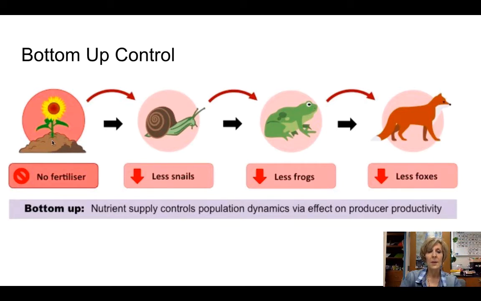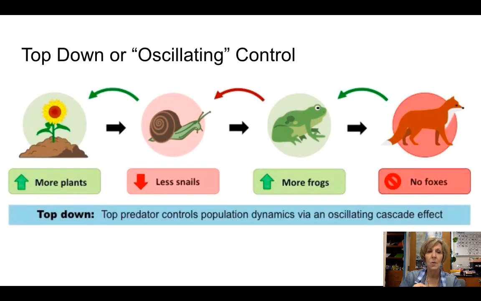For example, if you affected the amount of biomass that's produced during photosynthesis by not giving any fertilizer, that would mean fewer snails, fewer frogs, and then fewer foxes in that particular food chain, because they're all dependent either directly or indirectly on the producers' productivity in photosynthesis. So that's an example of bottom-up control. But we also know that we have top-down or oscillating control.